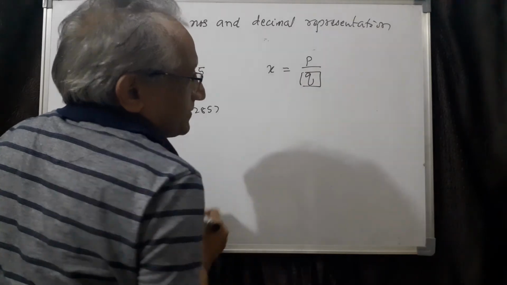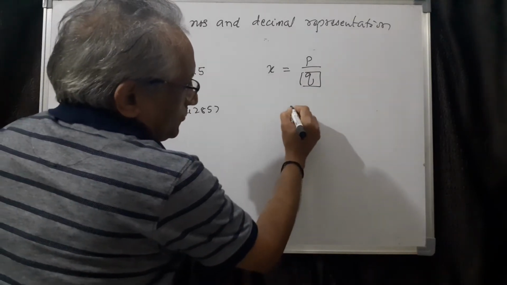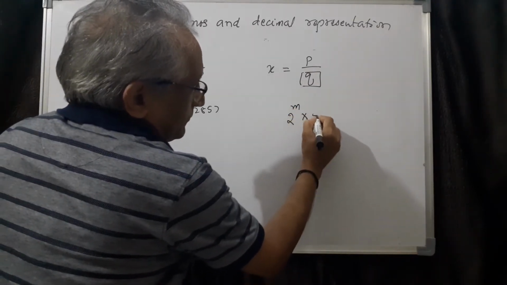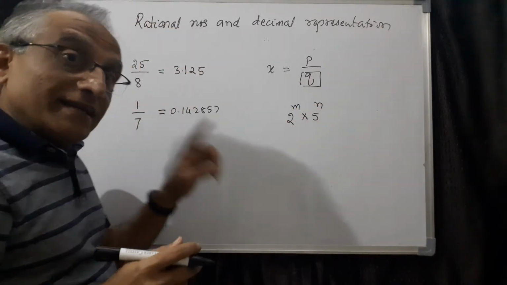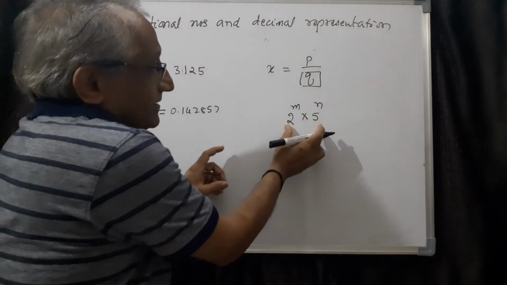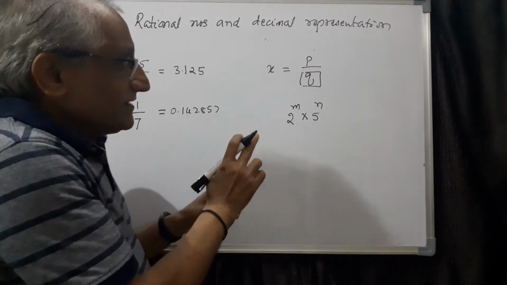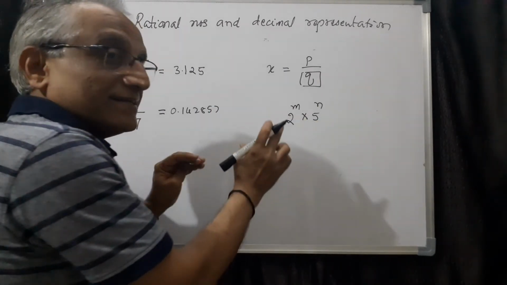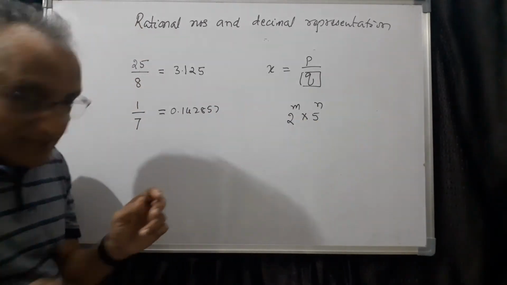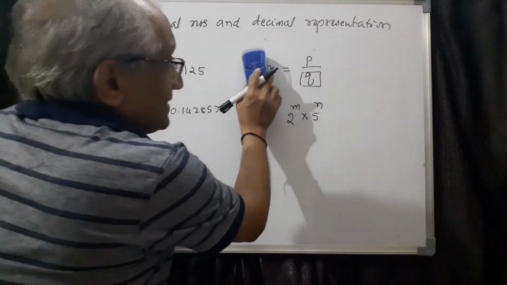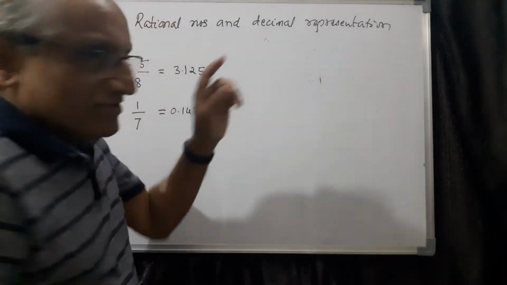If this q is of the form 2 power m into 5 power n, if you can write it in this form, it is terminating. If it is not possible to write it so, then it is non-terminating. Let me make this point very clear. Then there are of course two theorems based on this.